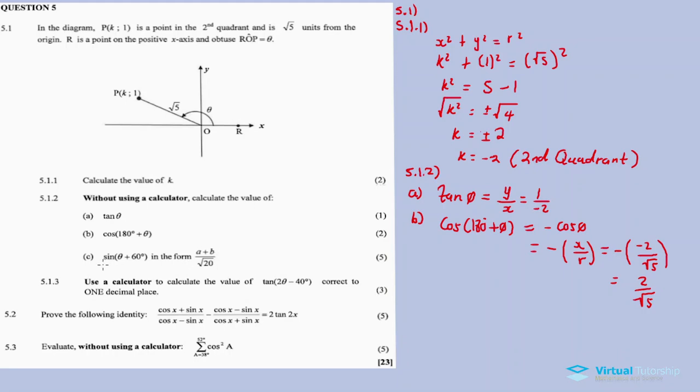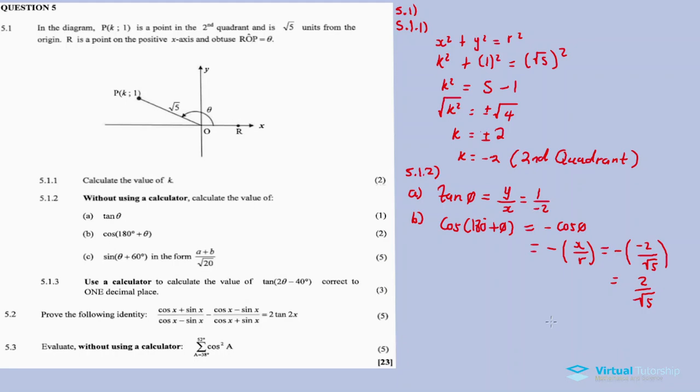Now, sine of theta plus 60 degrees is not a reduction formula, nor is it a co-ratio. It's theta plus 60 degrees. But the 60 degrees is a special angle. So by using a compound angle formula to expand this, I can end up with values mixed with trigonometric ratios.